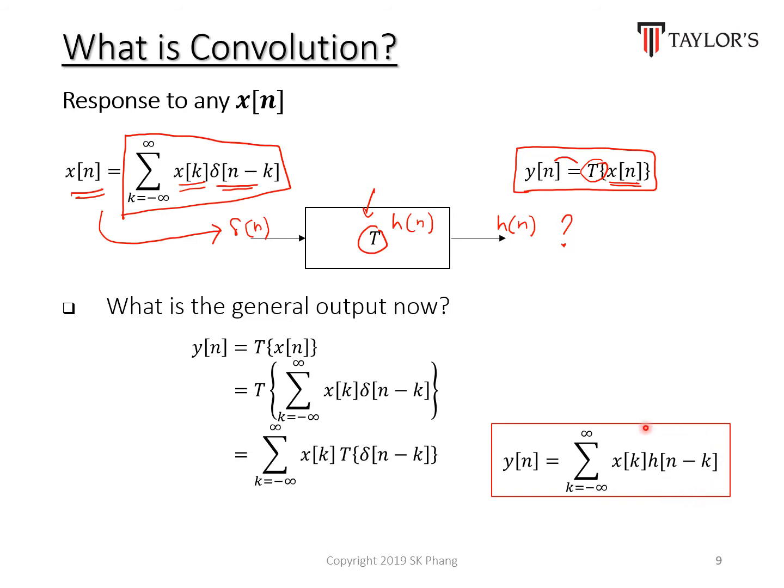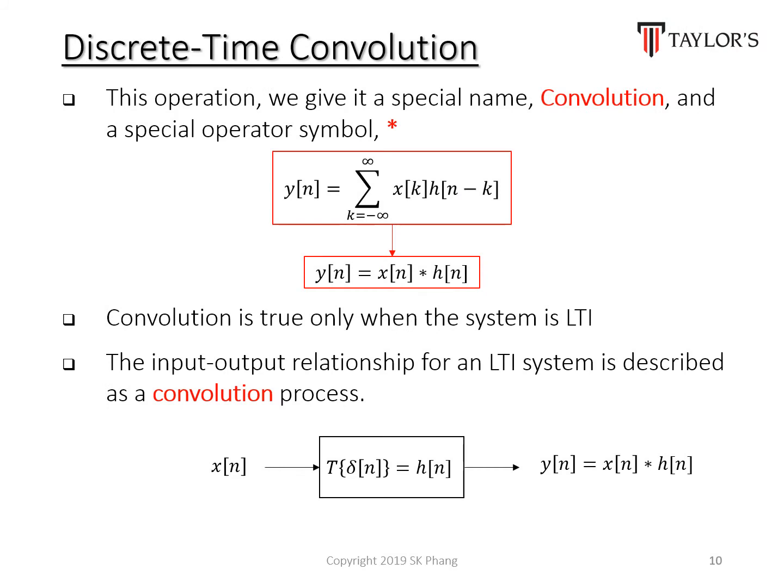Looking at this formula, it is the input signal at time k multiplied by the impulse response of the system at time n minus k, not just the impulse signal, and k spans from negative infinity all the way to infinity. This formula still looks quite complicated because you need multiplications of constants with the impulse responses from negative infinity all the way to infinity.